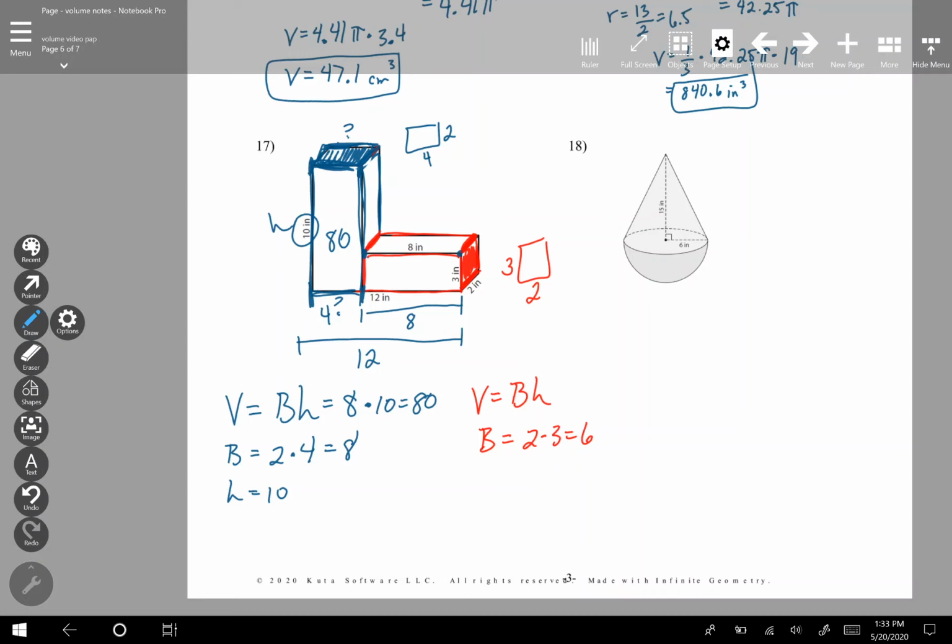And then my height is going to be from this rectangle over to this one right here. Okay, so my height is going to be 8. So I'll just plug in. Area of the base is 6 times the height, which is 8. So my volume is 48.